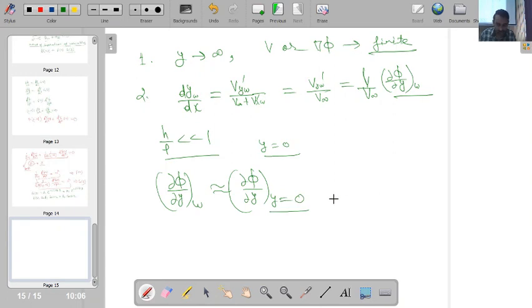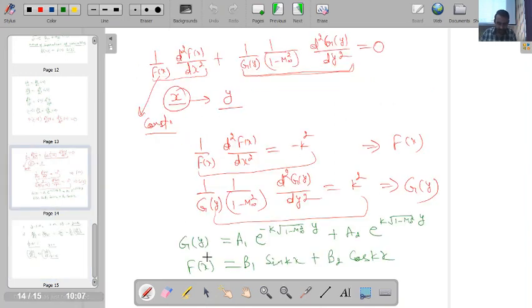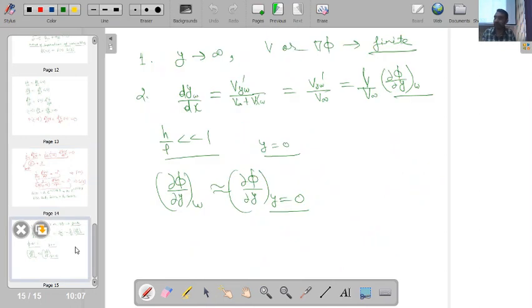Now I can substitute these two boundary conditions into both the function of y and the function of x, and then I can get the values of all the constants. I am not showing that complete procedure because this is just the substitution of the boundary conditions.